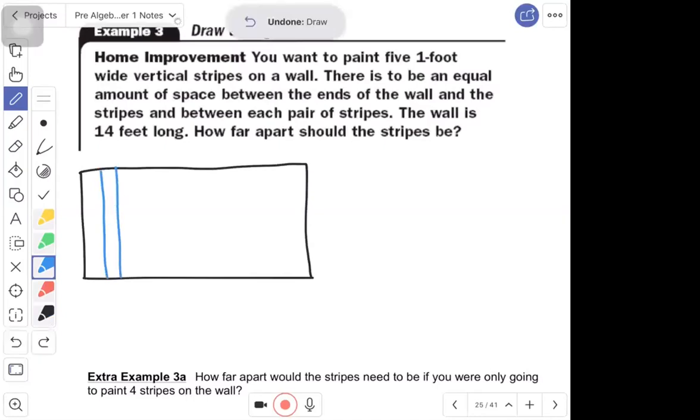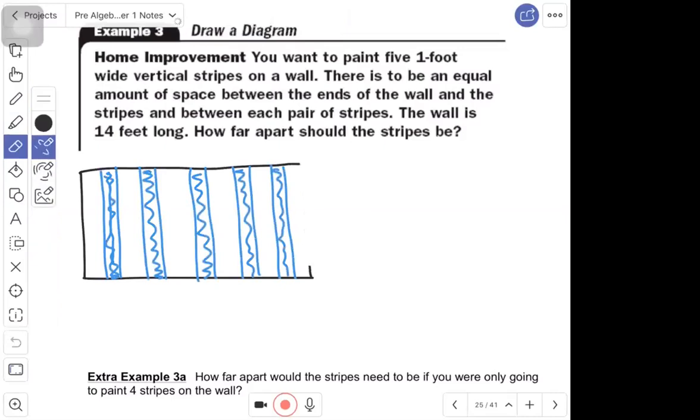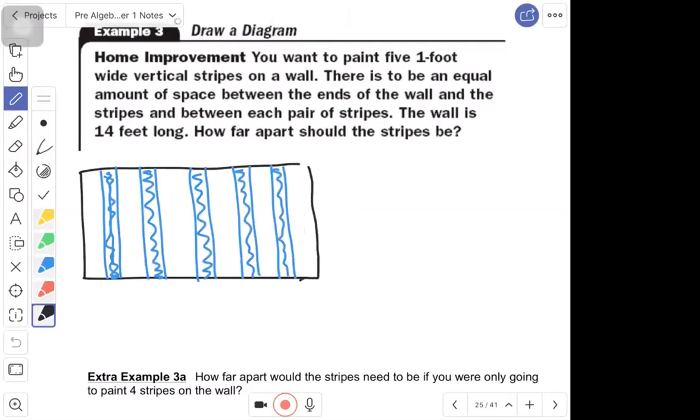Oh my goodness. So we have 1 stripe. Here's another one. 3. 4. And 5. So not perfect, but it's the best of my ability. So we have an equal length.